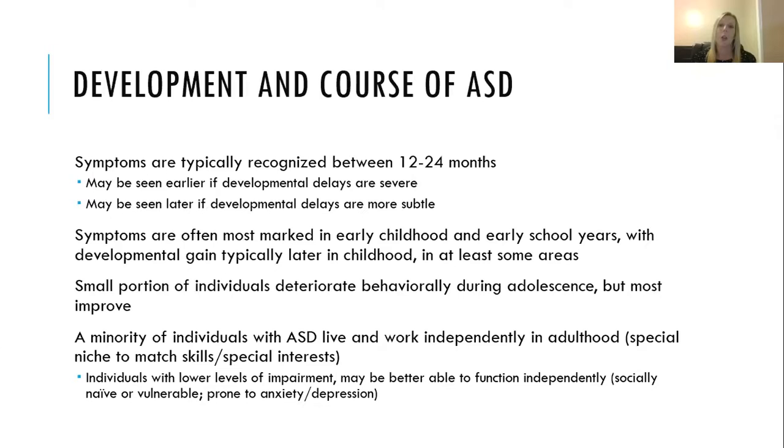Sometimes for girls, we're seeing that they're diagnosed a little bit later because they're able to socially adapt a little bit more than boys are. The symptoms are also most marked in early childhood. The early school years are really a good time to be noting if we're seeing any delays in any of the developmental milestones.